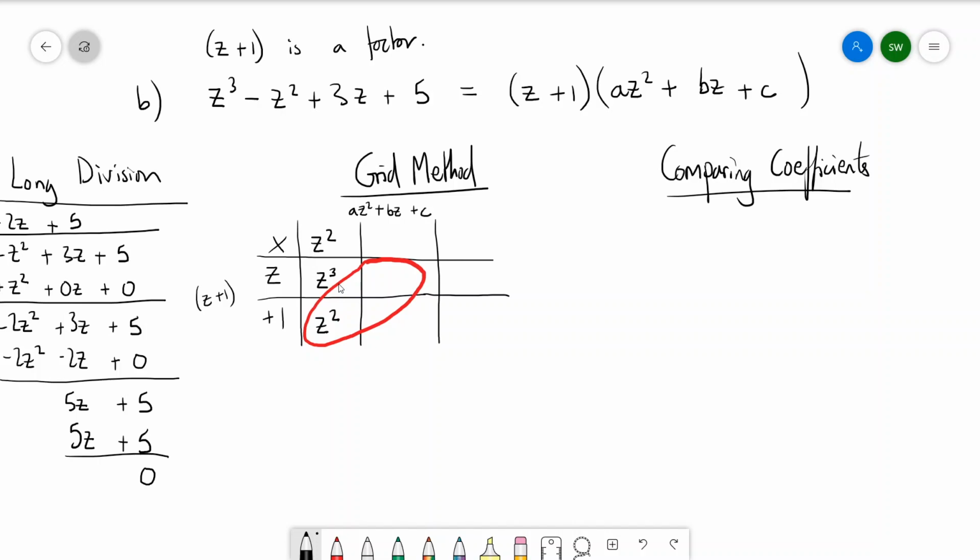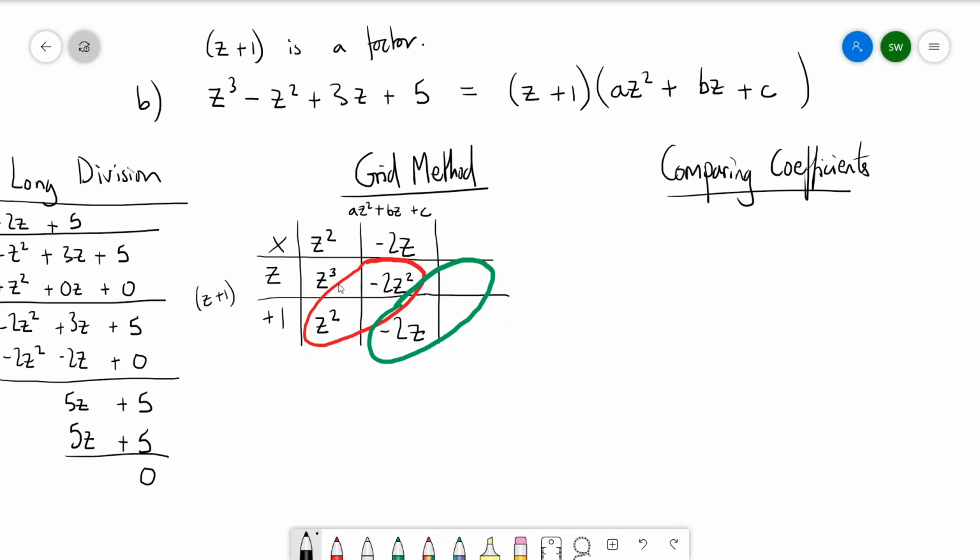So I'm going to have z squared plus something, and I want to end up with minus z squared. So I'm going to have minus 2z squared there. So I know that I need minus 2z in that box there. Minus 2z times 1 is minus 2z. I'm going to get my z term by adding together these two when I do my grid multiplication.